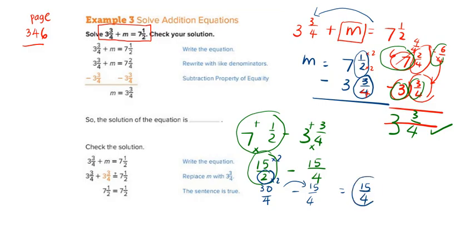And because the numerator is bigger than the denominator, we know it's going to change into a mixed number. So how many groups of 4 do we have in 15? We know 4 times 3 is 12, and 4 times 4 is 16.